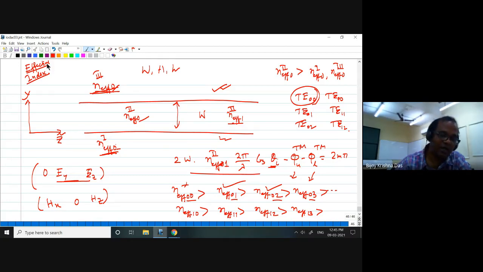I can ask you to design with N1, N2, N3 different materials I will give, and then find a set of solutions W, capital H, and small h, so that the guide will give you only one solution. One mode will be guiding; other modes, even if you excite them, will be leaky modes. They will not be confined.